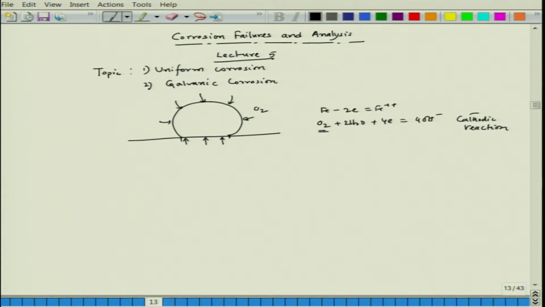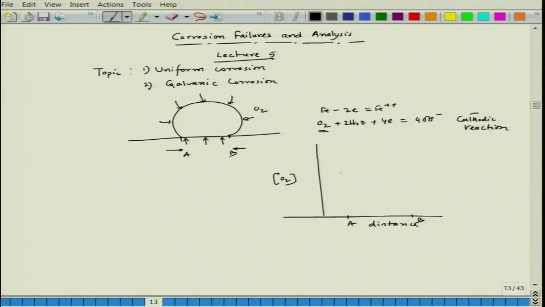So, if I consider from this end to this end, and try to draw a schematic of oxygen concentration level as a function of distance, let us say this is position A and this is position B. The oxygen concentration at location A would be the maximum, and here I am not talking about gaseous oxygen, I am talking about dissolved oxygen.